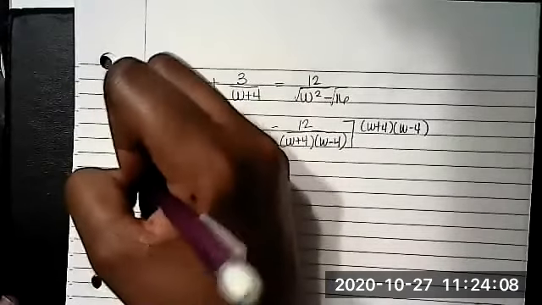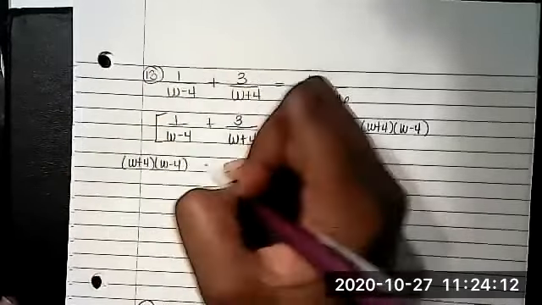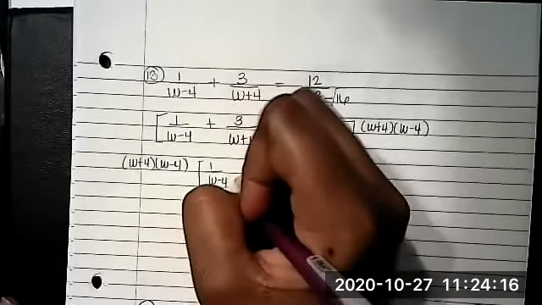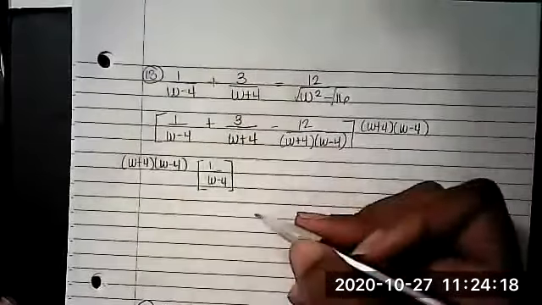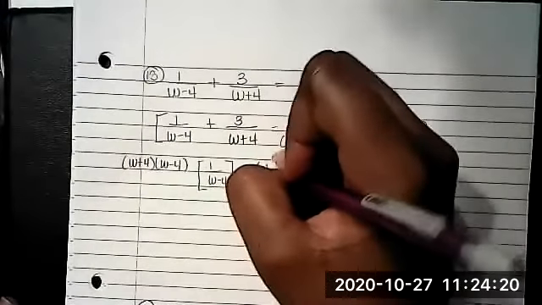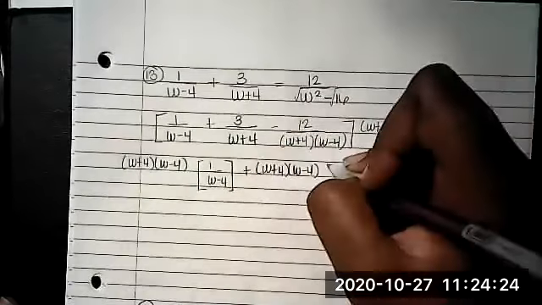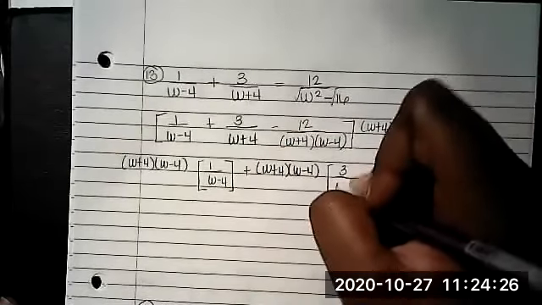Okay, that's all really that's going on at the bottom. So I take this W plus 4 and W minus 4, and I'd multiply it by everything individually. This becomes 1 over W minus 4. Okay, plus, and then I'd take this again and multiply it by the 3 over w plus 4.